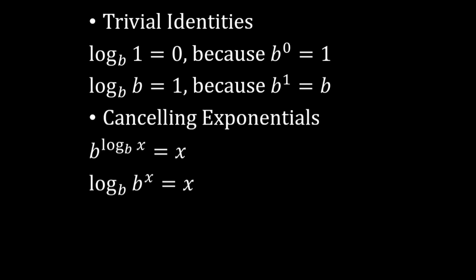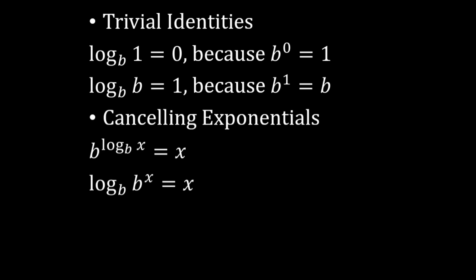Trivial identities. Logarithm of 1 to the base b equals 0 because b to the power of 0 equals 1. From here we know logarithm of 1 to any base equals 0 because any number raised to the power of 0 equals 1.